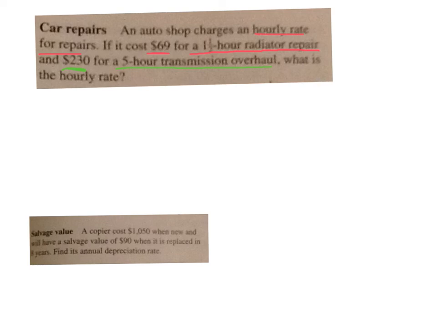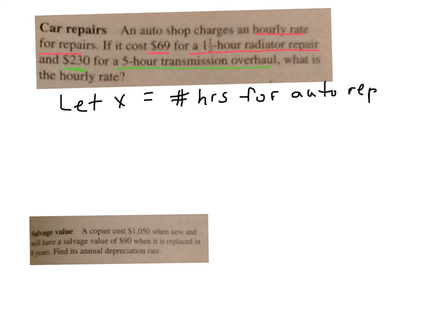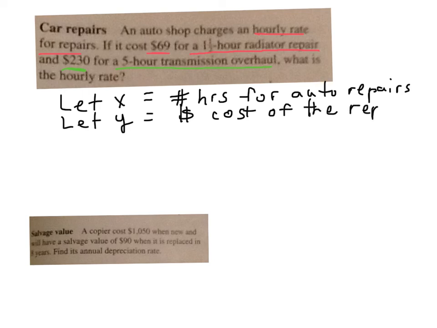So let me let x equal the number of hours for repairs, and let y equal the dollar cost of the repairs. It's actually giving me 2 points here. It's giving me (1.5, 69), and it's giving me (5, 230).